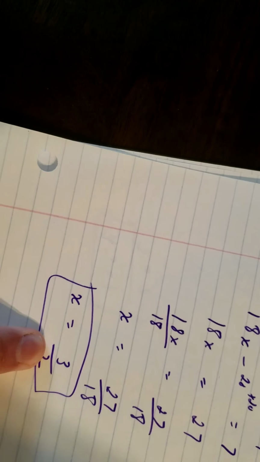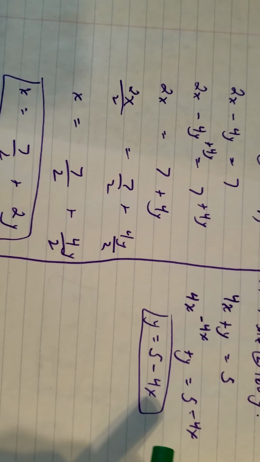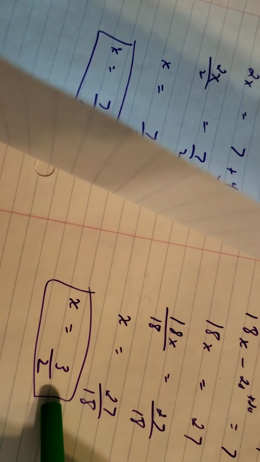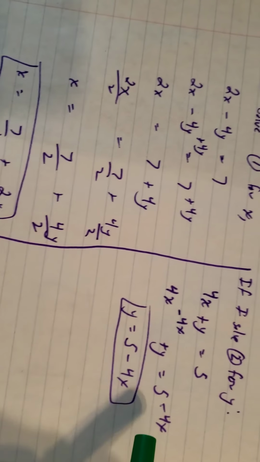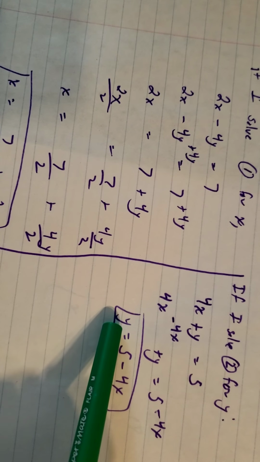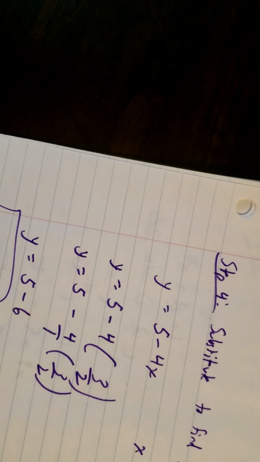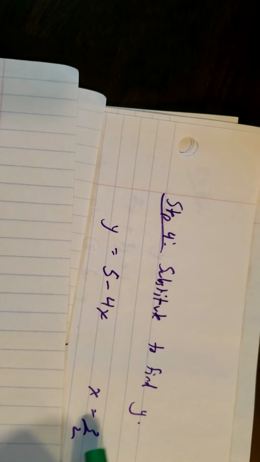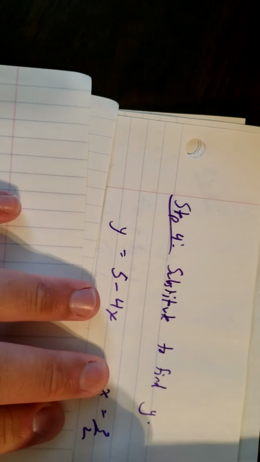What I like to do is to go back to my result of step 1 right here, because you notice if I know that x is 3 over 2, then all I really need to do is put 3 over 2 in right here for x, and then I have y from there. So from here, I would just take this little equation that I came up with. I would take x as 3 over 2 and plug it in.